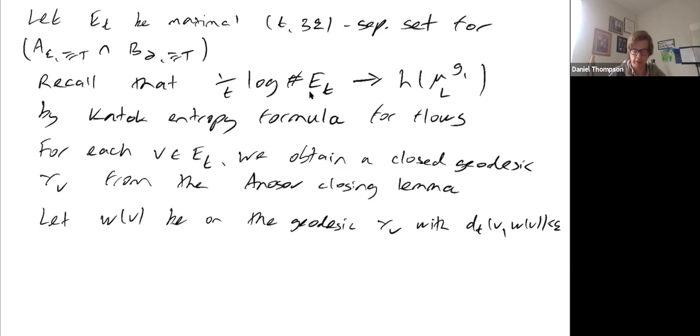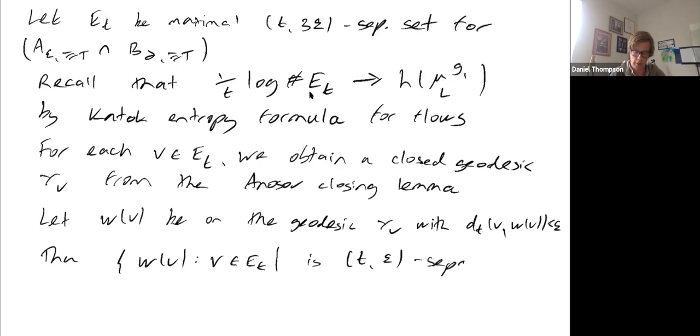I had gamma dot v 0 earlier, but just slightly different notation. Then the set of points w sub v, where v belongs to E sub t, is t epsilon separated.